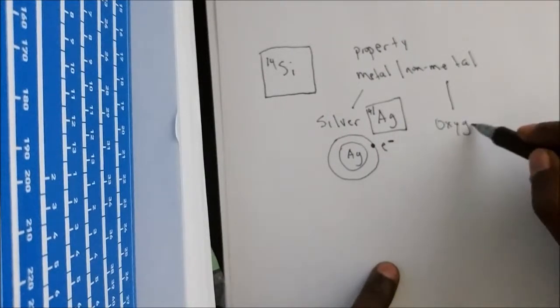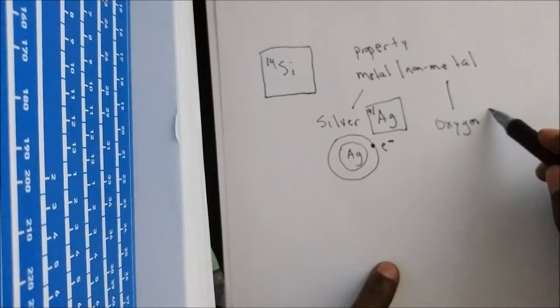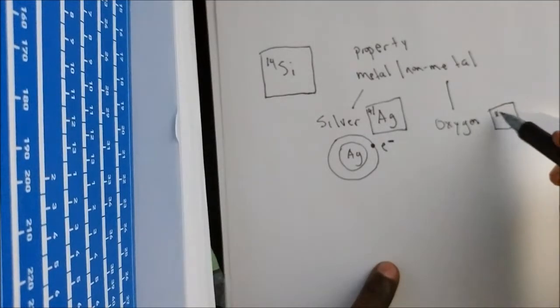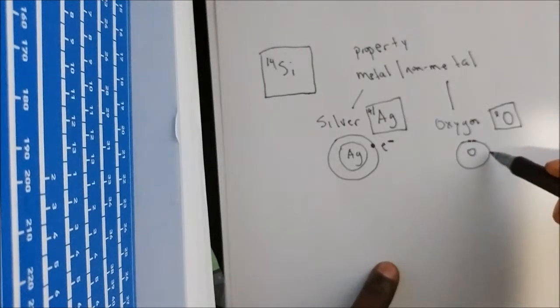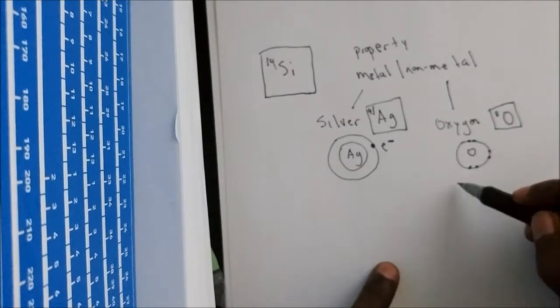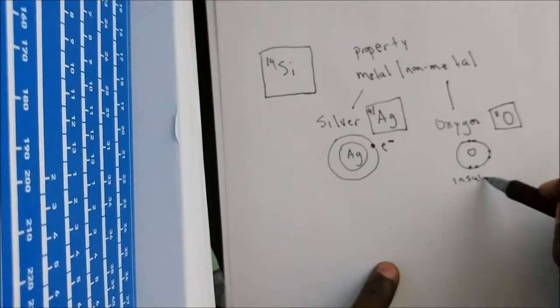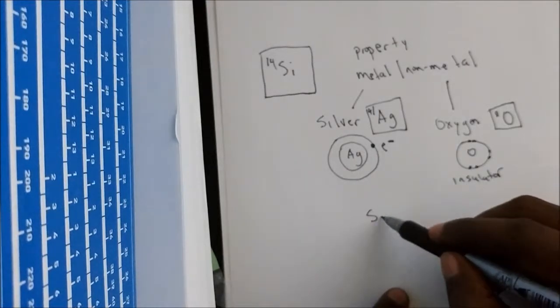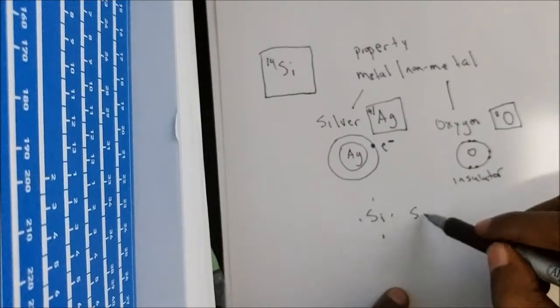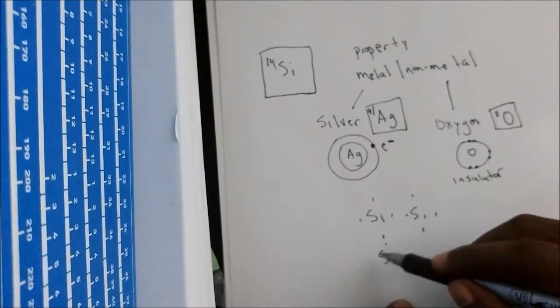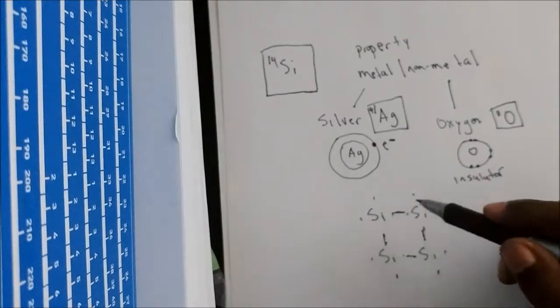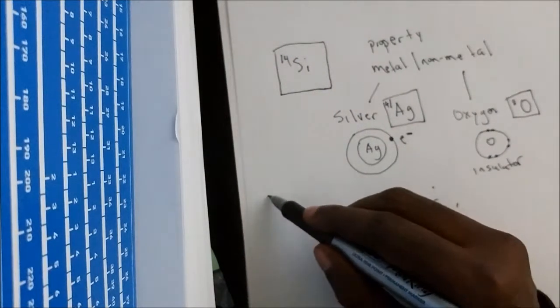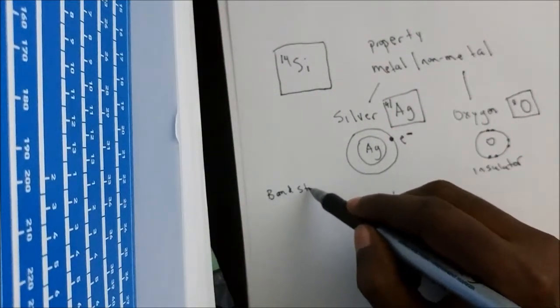On the other hand, oxygen, which is a non-metal, has 6 valence electrons, and these valence electrons are very tightly bonded, disallowing any sort of electricity or electron flow. Silicon, or semiconductors, consist of pure silicon atoms connected to each other through covalent bonds.